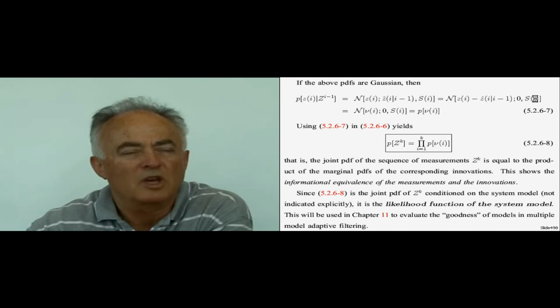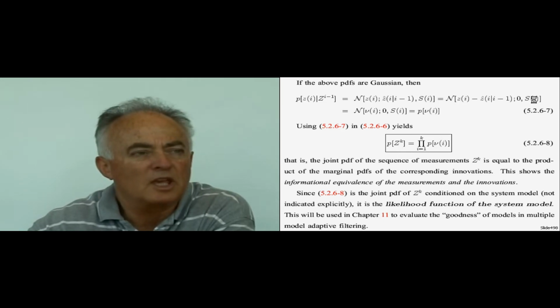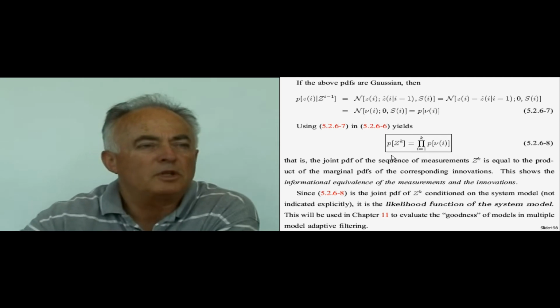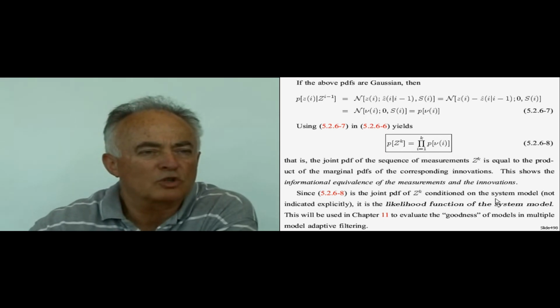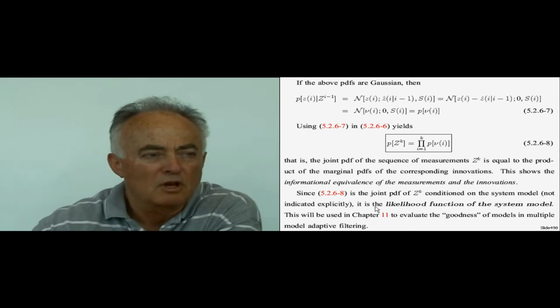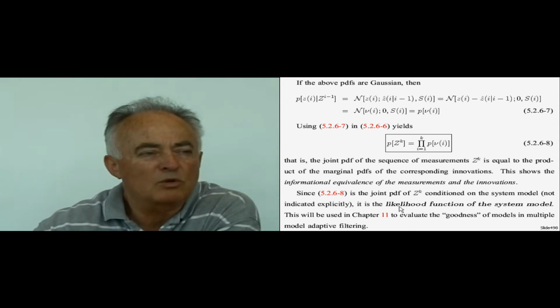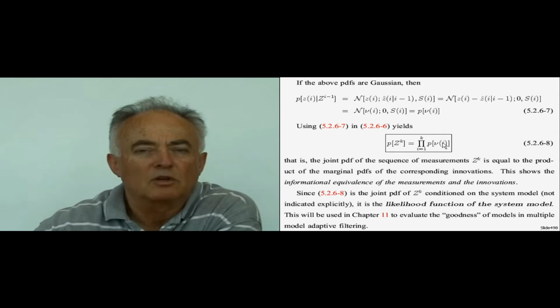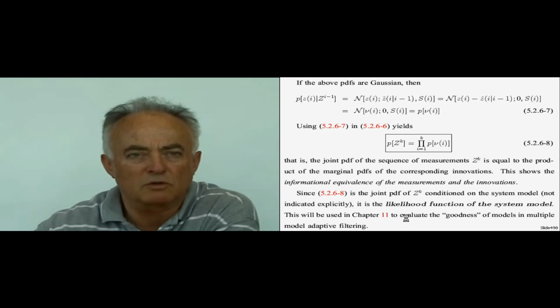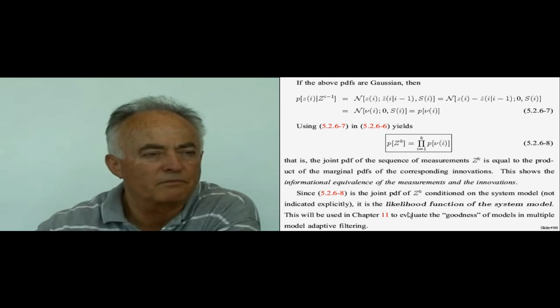So we have implicitly here the PDF of the measurements conditioned on the model, even though it is not shown explicitly. But this is nothing but the likelihood function of the system model. So the product of the innovation PDFs will be really the likelihood function of the model based on which those innovations were computed through the filter we are running on the system.